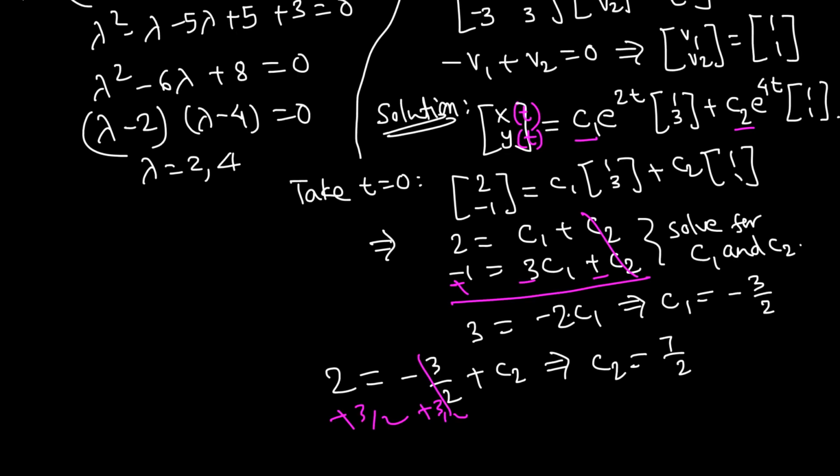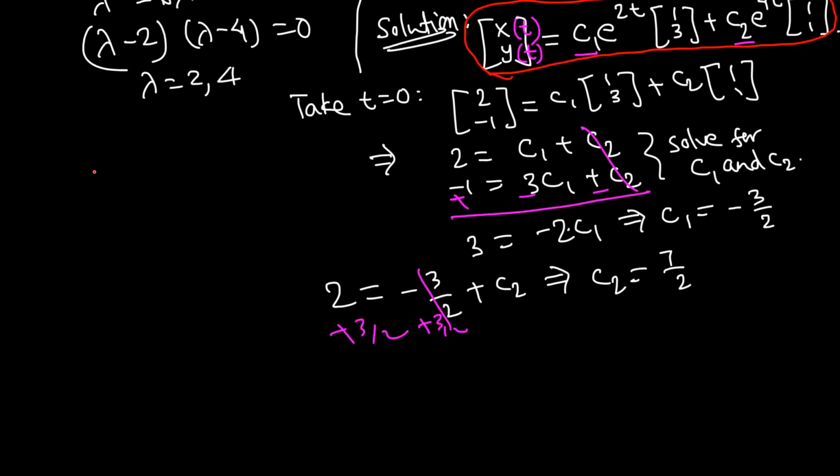So the final answer is given with the correct values of c1 and c2: c1 is negative 3/2, c2 is 7/2.